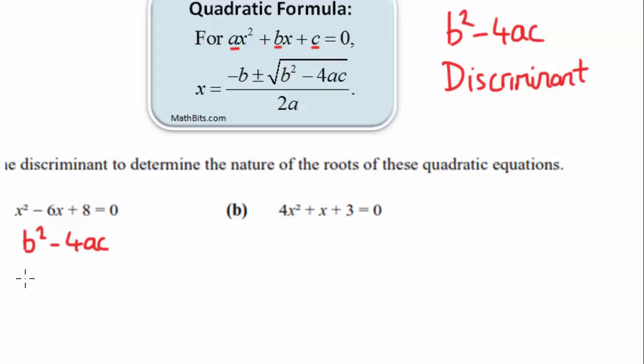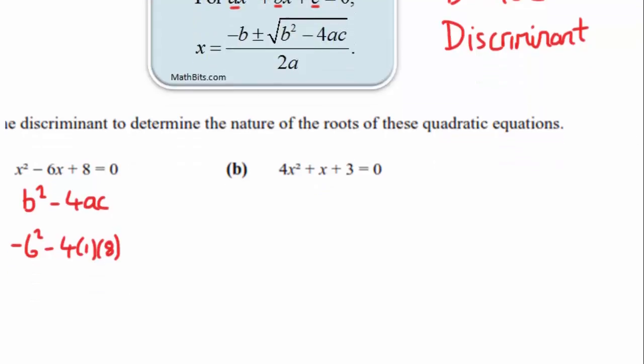That is a, minus 6 will be b, and the 8 will be c. So it's b squared, that is minus 6 squared, and then minus 4, a is 1, and c is 8.